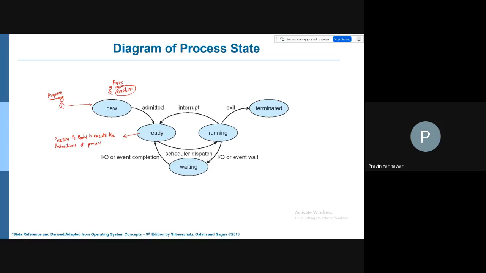Now from ready it is shifted to the running state. At this state, the processor is executing the instructions.